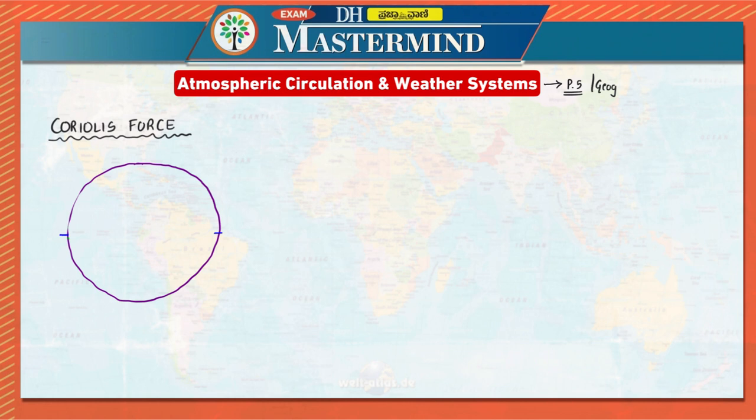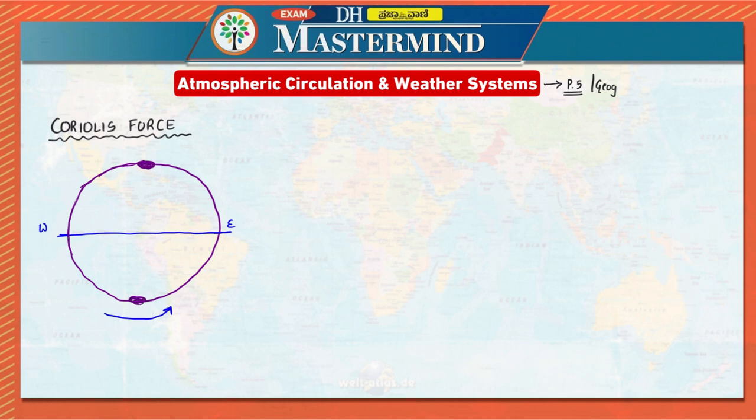In case of Earth, we know that the Earth is rotating from west to east. It rotates in this particular direction, correct? But this particular point, this is the poles.